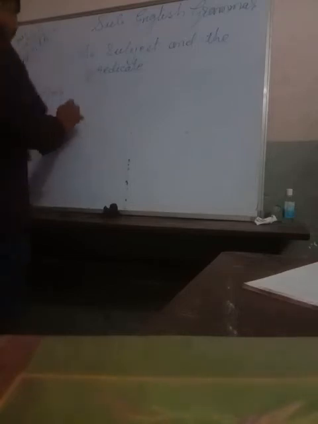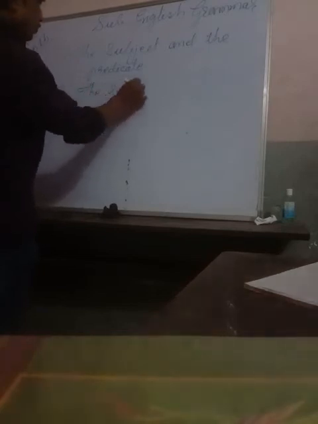So which one is the subject? Now look, the subject, now the definition. This definition is also given in the book that has to be written. I am writing here more here also for you. What is the definition of the subject? The subject comes before verb.